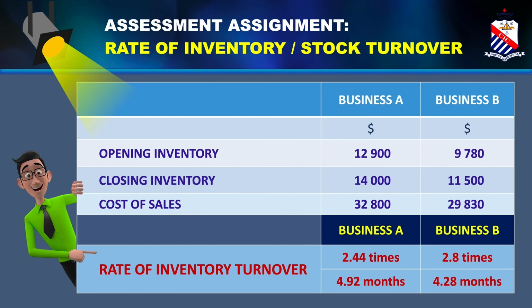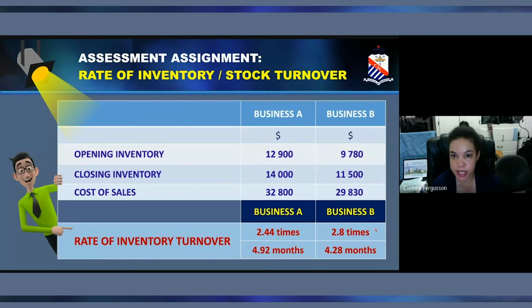So in terms of times, to see which one is selling faster, you're looking at the larger figure. So in this case, it's 2.8. Business B is selling 2.8 times, whereas business A is selling less times. So business B is selling faster. And then in terms of months, you're looking for the smaller figure.